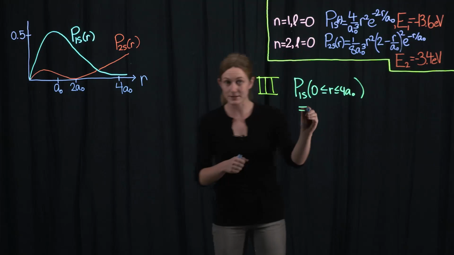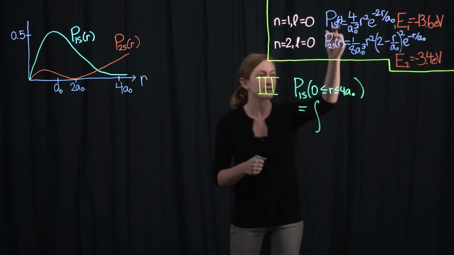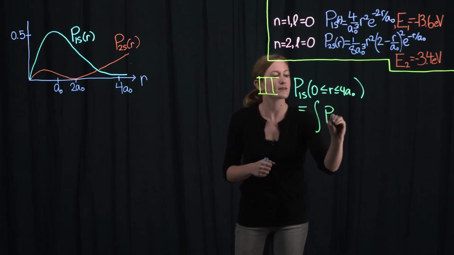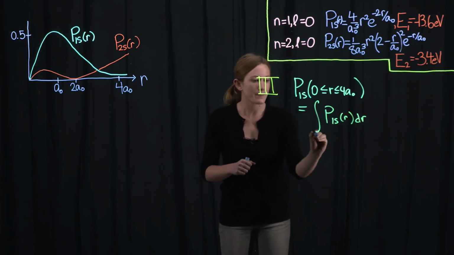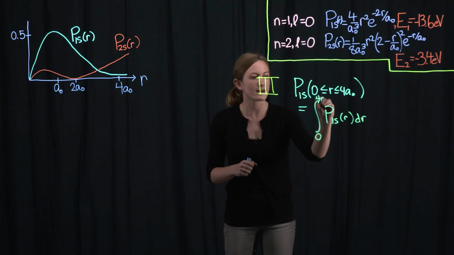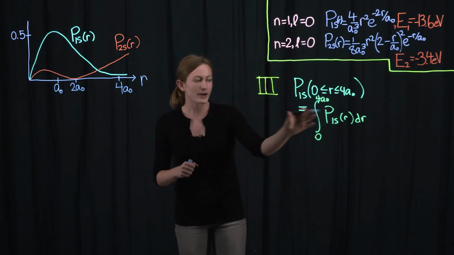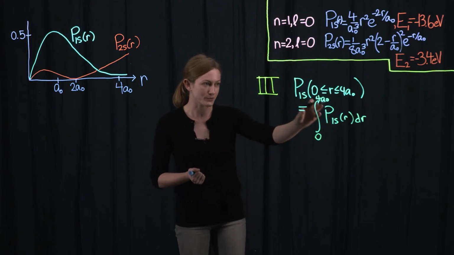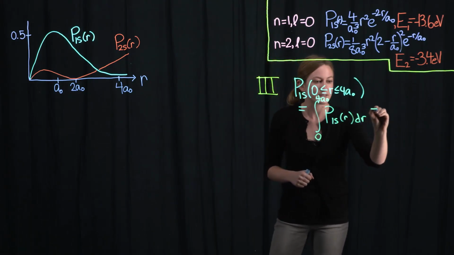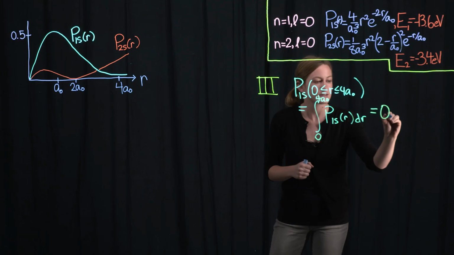And for the ground state, this is the integral of the appropriate probability density, P1s of r dr, from 0 to 4 a naught. So this integral requires integrating by parts a few times, and see the attached PDF for the full details.